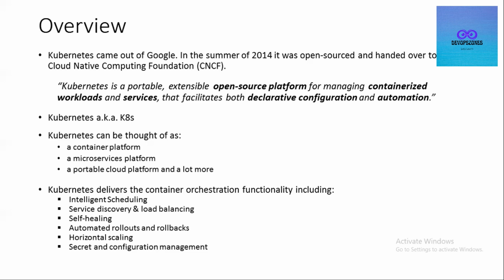You have intelligent scheduling. You have load balancing, and most importantly you have a community that supports Kubernetes. So a large community which helps you learn and grow and adapt Kubernetes, right? So that's why it has become a de facto tool for containerized workloads, right?